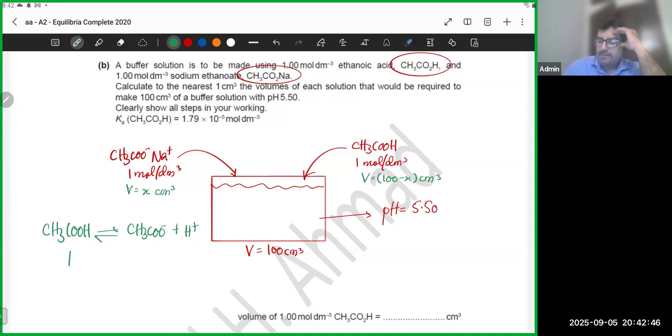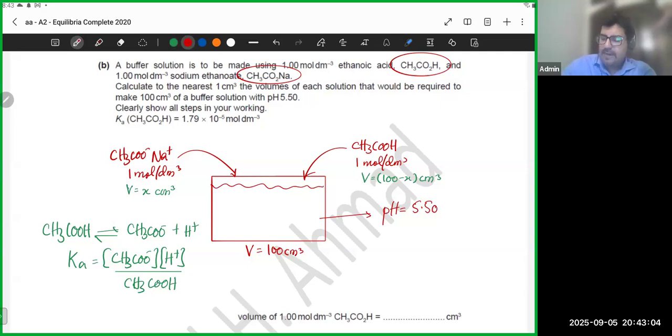So what is the expression for the dissociation constant? That's the salt concentration or the conjugate base concentration times your H+ concentration divided by your acid concentration. So now the stuff is easy because you have the K. So I'm going to plug in the K, which is 1.79 times 10 to the power minus 5.